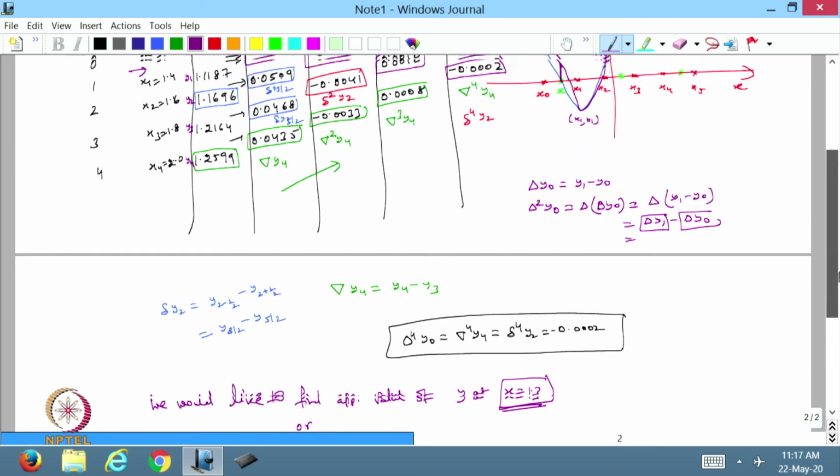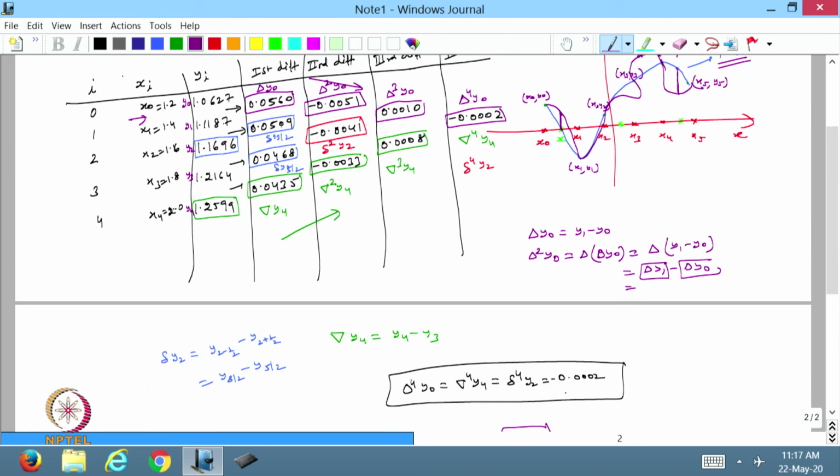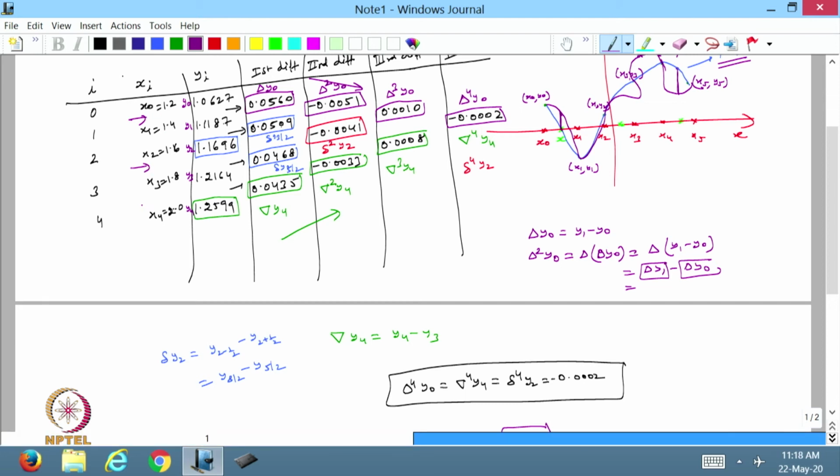So, I want to approximate the values at these different values of x, and if you see where the value of x lies, 1.3 is lying here, 1.65 is lying here and 1.97 is lying here. So, it depends upon where the value of x is lying. One value of x is lying in the upper top of the table, another in the central part, and another one in the bottom.